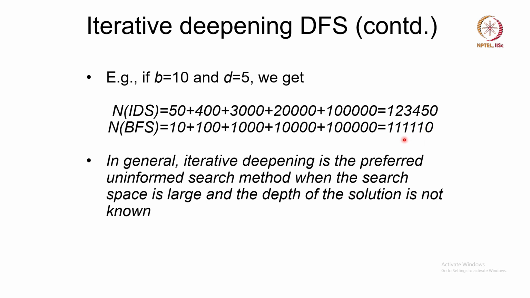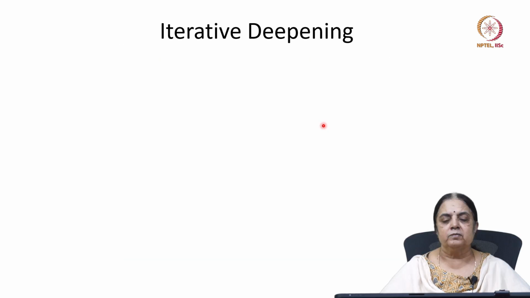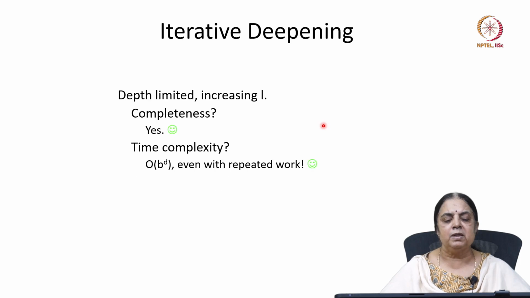So you find that the iterative deepening method is the preferred search strategy when the search space is large and the depth of the solution is not known. Then using the iterative deepening DFS makes sense. So this is what we get here.